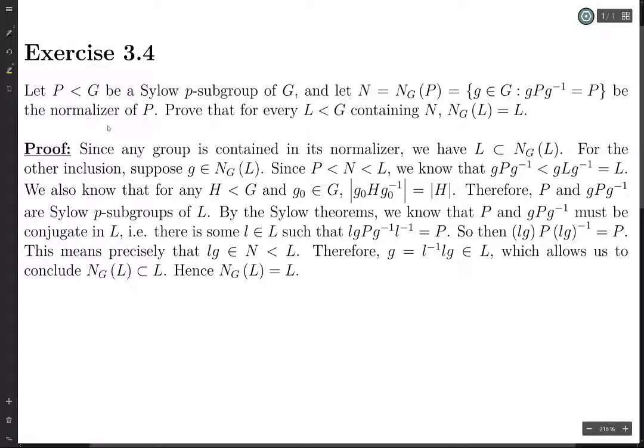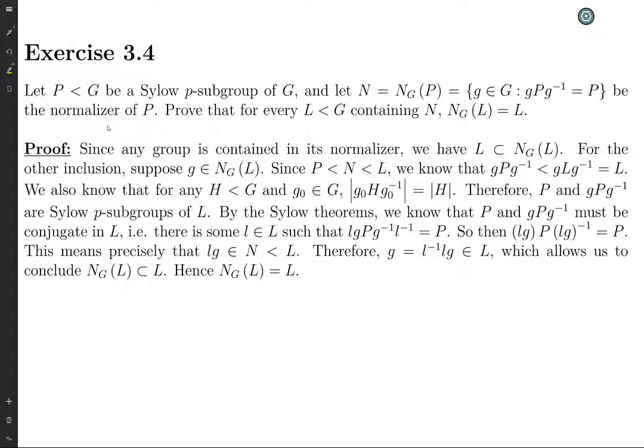So anyways, we know that any group is contained in its normalizer, and so L is contained in N_G of L. And that's something that you can really quickly verify on your own.